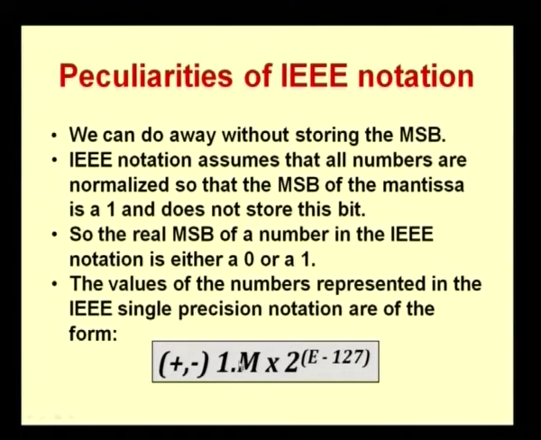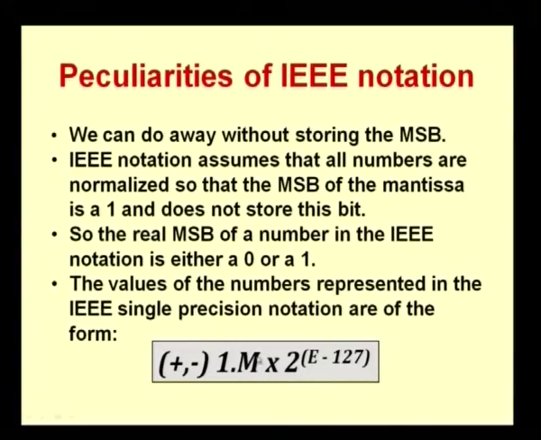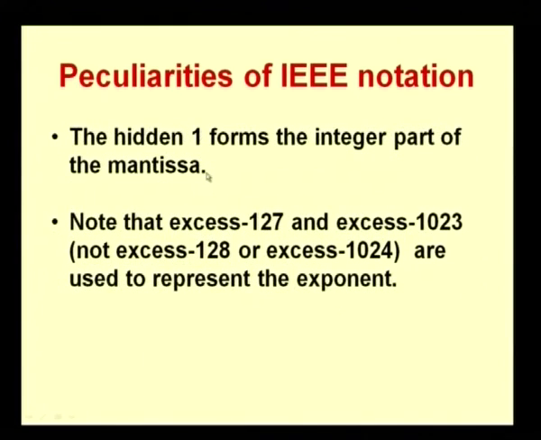And this 1 point m we are saying because of your mantissa value here. This was a normalized number, and we have taken the first most significant bit out, so that 1 is again an implied value. This m will represent the rest of the bits that you have here. The way IEEE notation deals with that hidden 1 is that it takes it as the integer part of the mantissa.